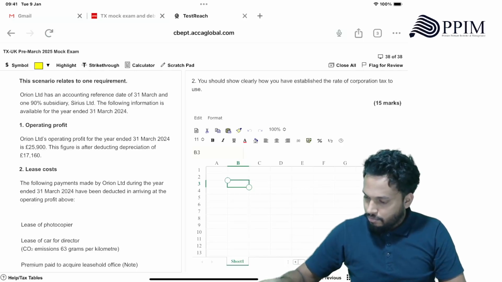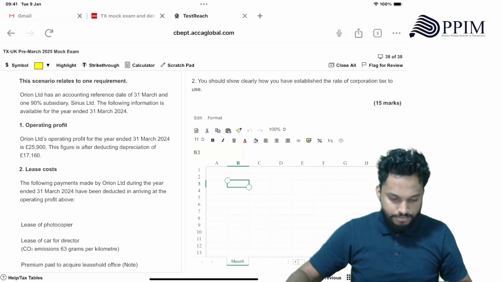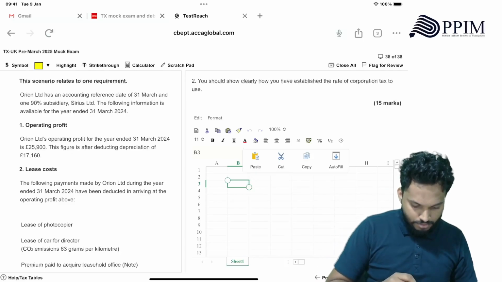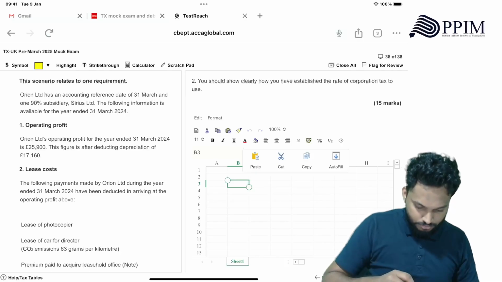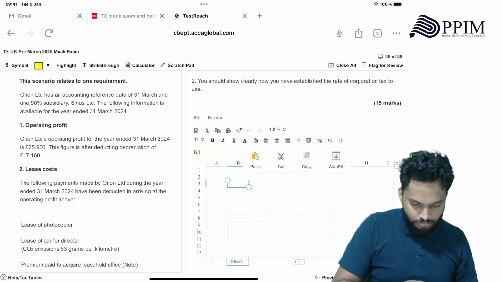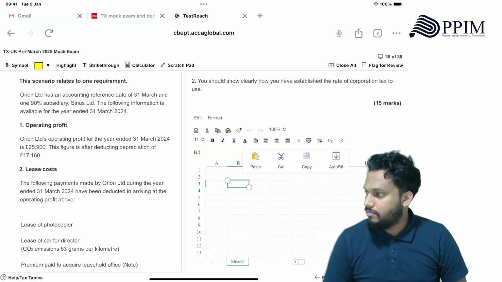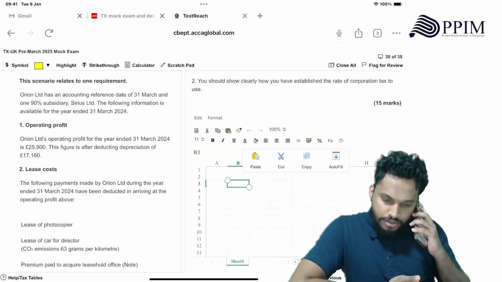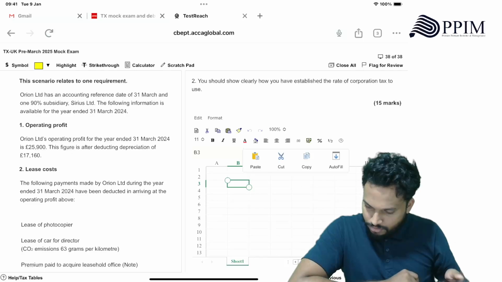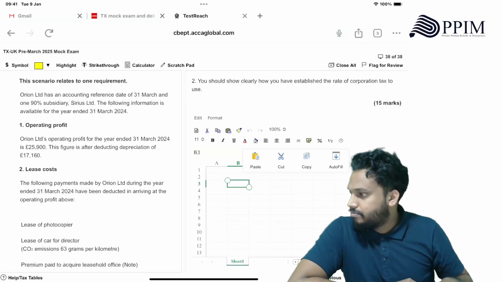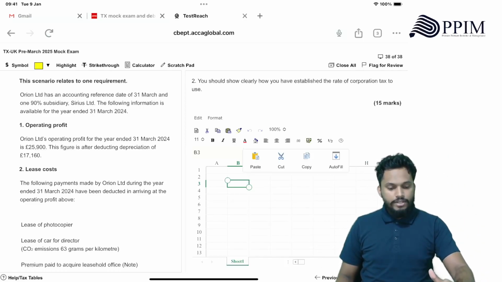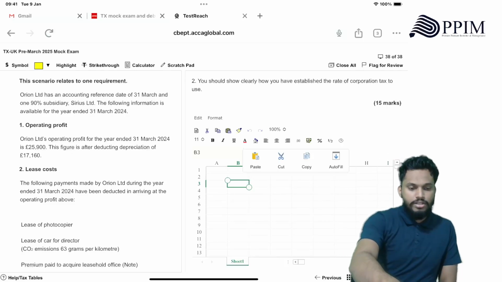So let me connect this. Normally when it comes to this company's accounts, they used to test some lease costs.